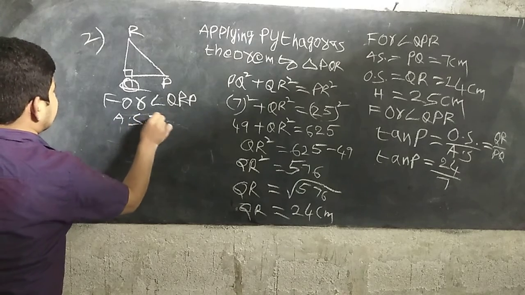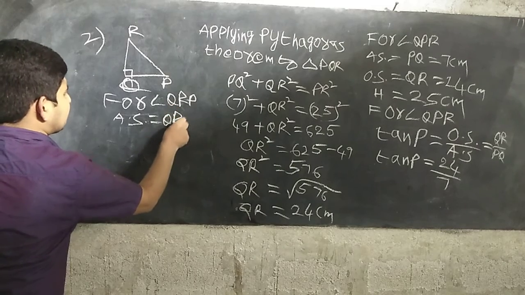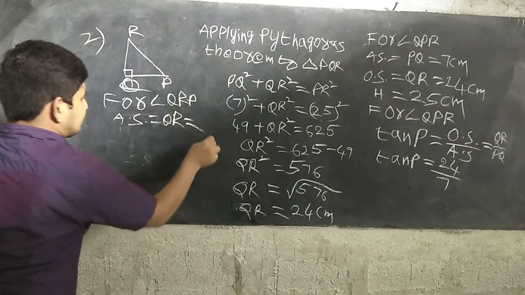Adjacent side equal to QR, equal to 24 centimeters.